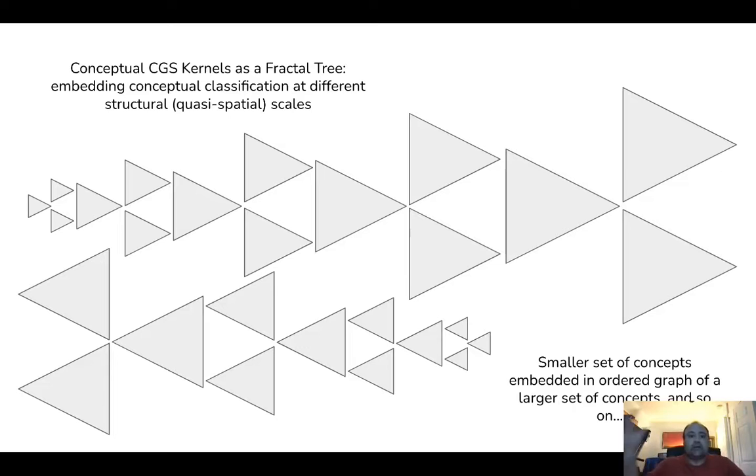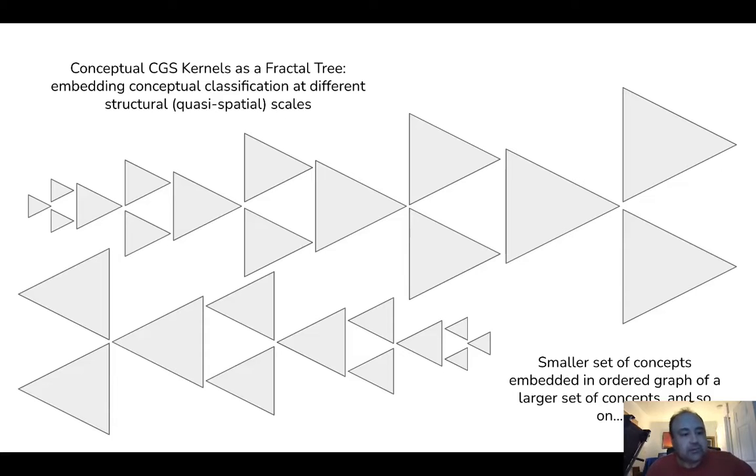We can also look at CGS kernels as a fractal tree. This is a fractal tree where we have a bunch of these three-dimensional kernels arrayed in a way that they have different scales, so they increase in their scale, and form this tree. We can actually use this to embed conceptual classifications at different structural scales. That could be spatial, but it also could be perceptual scales.